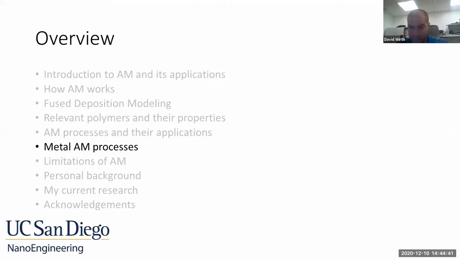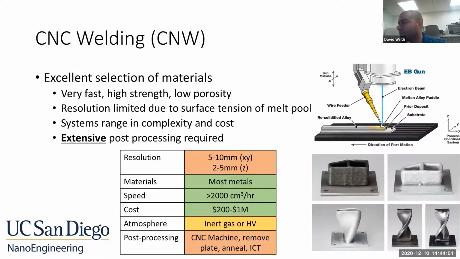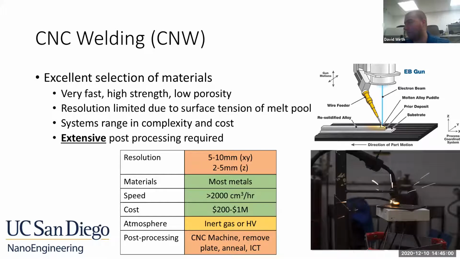So metal 3D printing. I'm not going to talk about this too much because this is a polymer class, but this is the area that I worked on mostly, so I'm going to talk about it a little bit. The easiest way to do metal 3D printing is you just take a welder, just a MIG welder, and you put a CNC stage below it, and you just MIG weld in place.